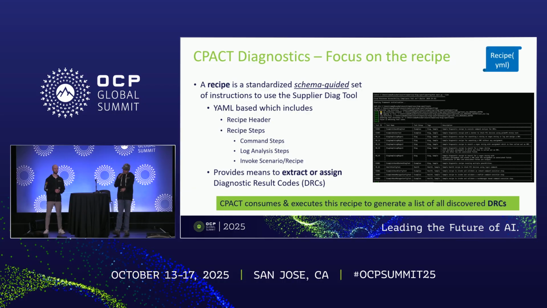You see in the area there, we already have a bunch of sample recipes out there. You can take a look at it. You can just do a Python list, and you'll get the full list of recipes. What you'll also find is these recipes are, in the log analysis step, they will have varied ways in which you can use different regular expressions to extract these DRCs, which is what CPACT does.